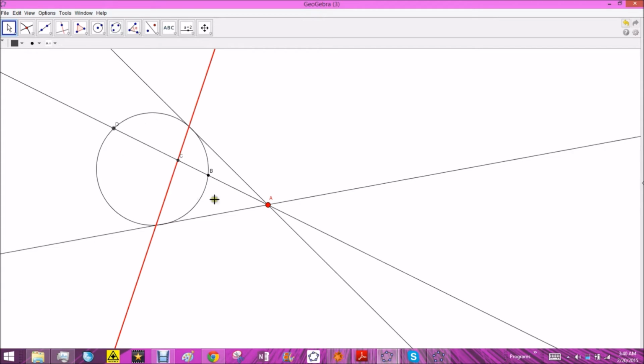After you've made this, if you then draw any line you like from A which passes through this circle, let's call the point where it enters the circle B, the point where it crosses this polar line C, and the point where it leaves the circle D. Now it turns out that A, B, C, D is going to be a harmonic range, and that's for any line going through this. So already you can see that there's an enormous number of these different harmonic ranges occurring.